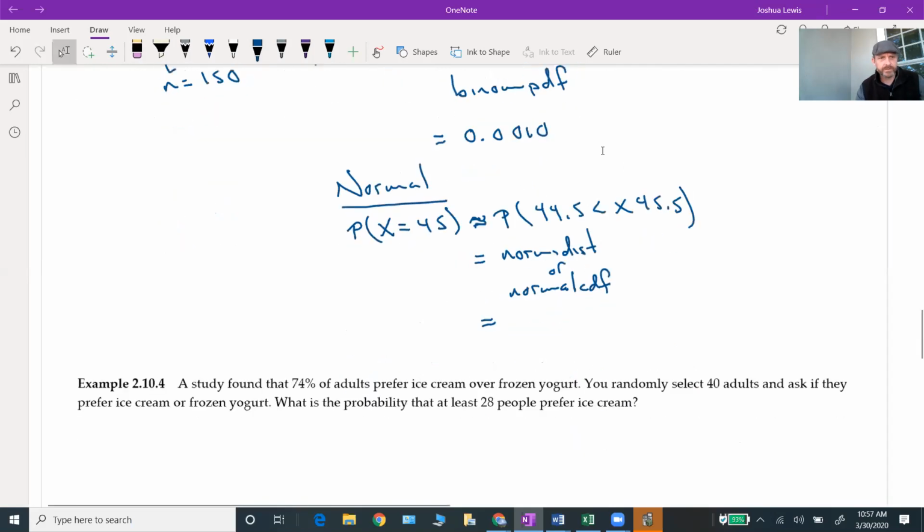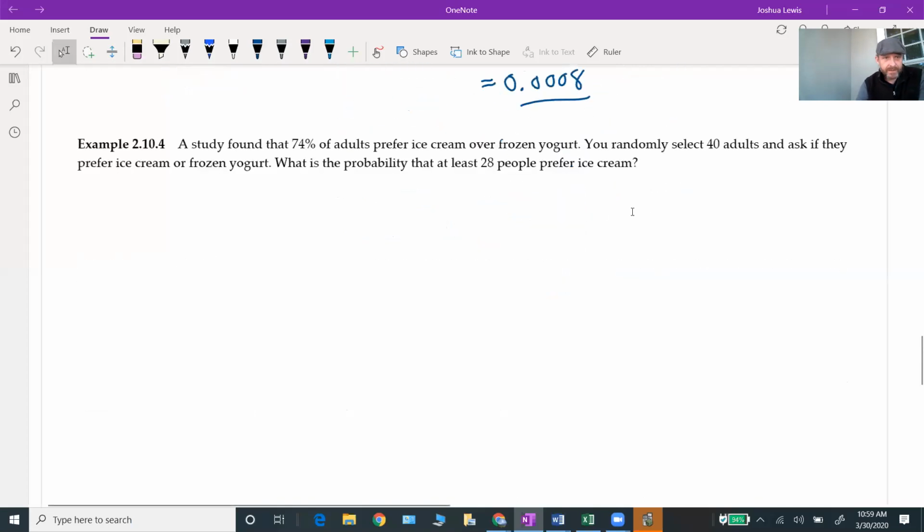But whichever one you use, you will get, and I'm just going to give you the answer here, 0.0008, okay? So not bad, right? Pretty good approximation. That's within 2 10,000ths. All right, how about the next one?